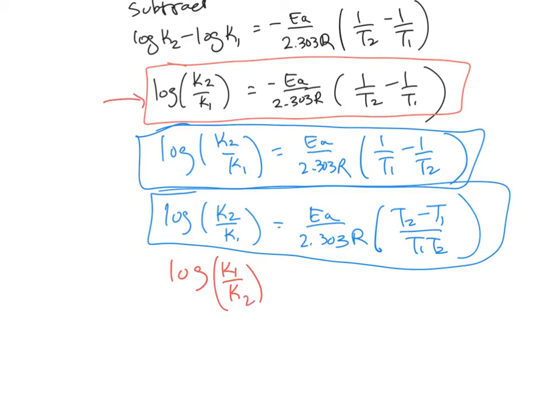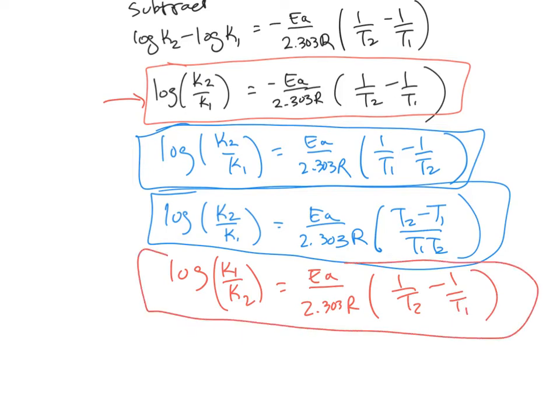So if you flipped it, k1 over k2, that would make it positive 2.303R, and then it would be 1 over T2 minus 1 over T1. This is enough to make you crazy, right? And it depends on what you're looking at in the books. But I like this first one because it comes straight out of the derivation, and I'm happy with this one.